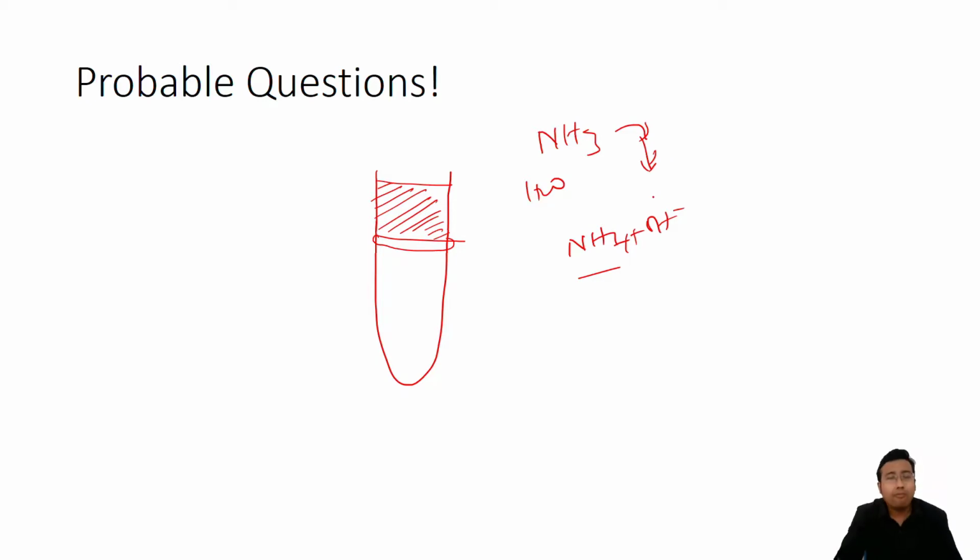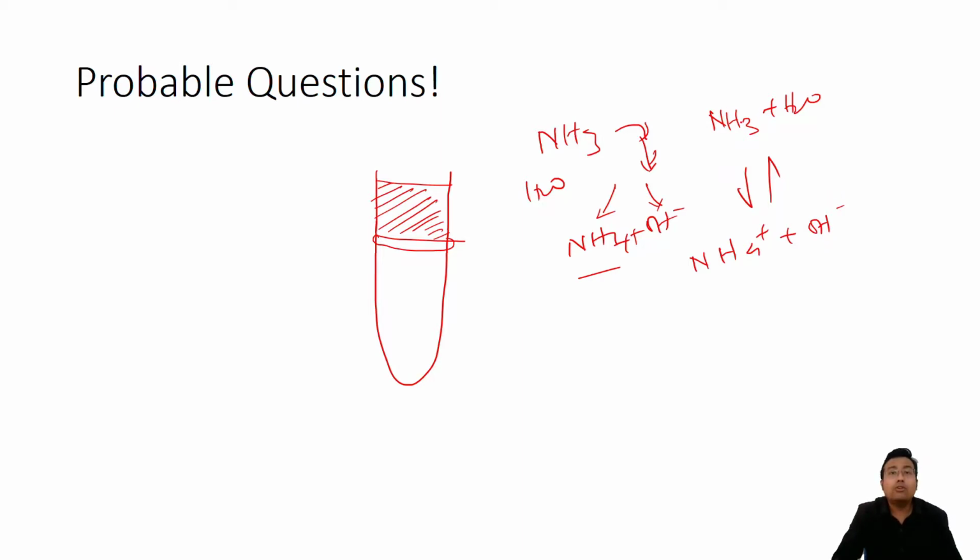So whenever you give even a slight amount of ammonia in contact with water, it will immediately dissociate to form NH4 plus and OH minus. So remember, this reaction, NH3 plus H2O, reversibly breaks down to form NH4 plus and OH minus.